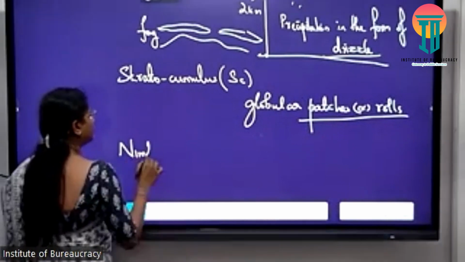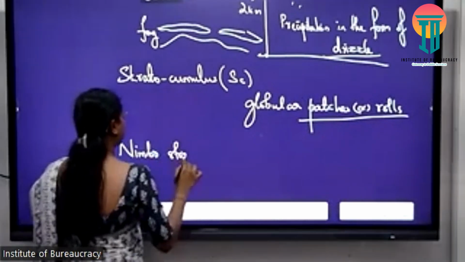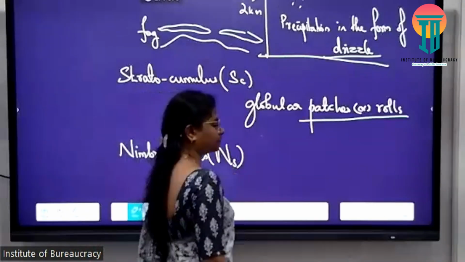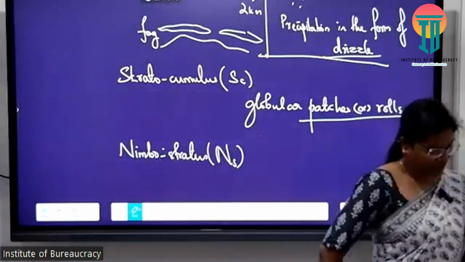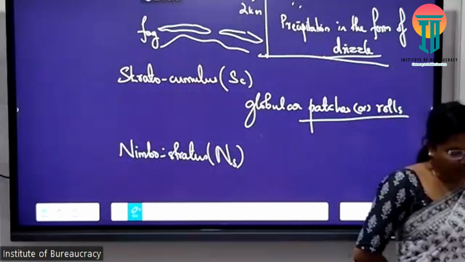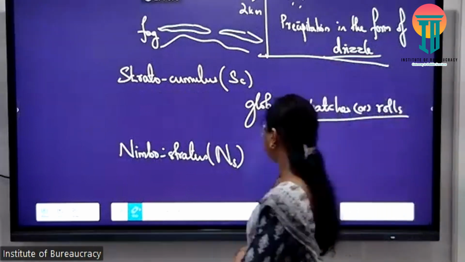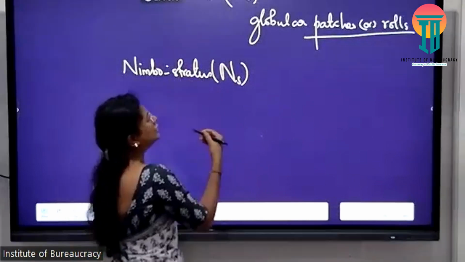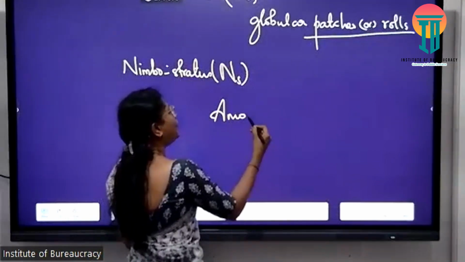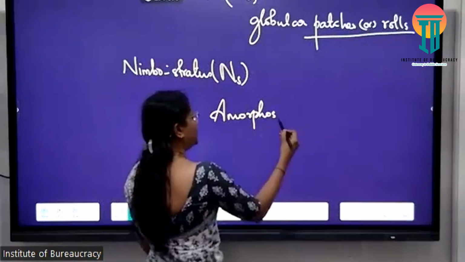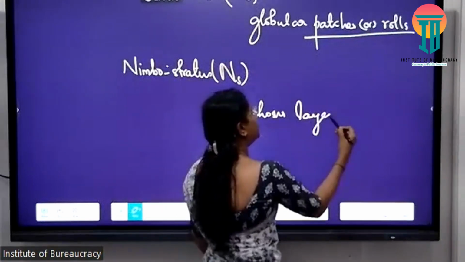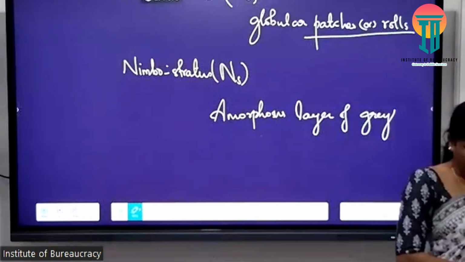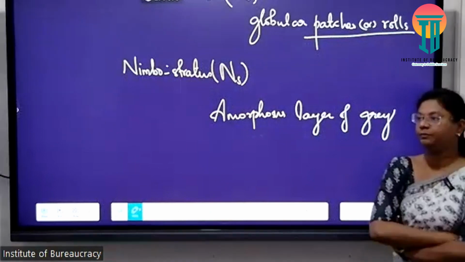The next is nimbostratus. Nimbostratus characteristics: they are an amorphous layer of dark gray clouds. Amorphous means they do not have any specific shape.